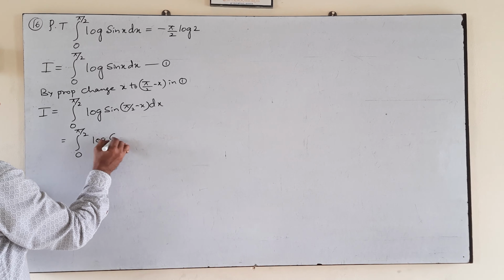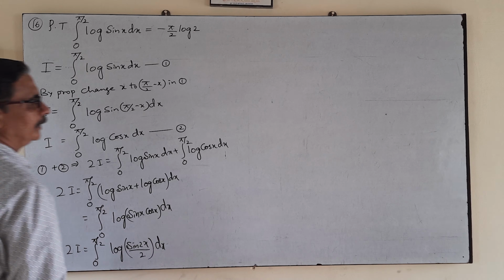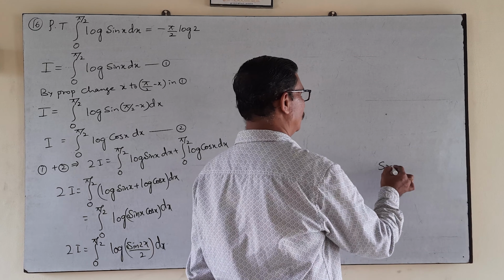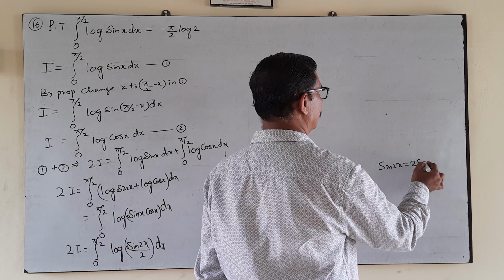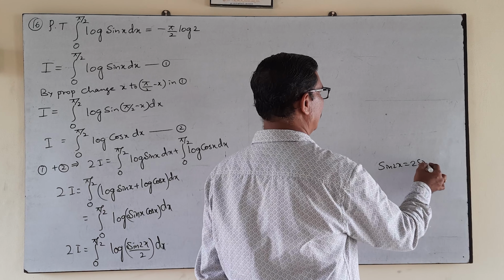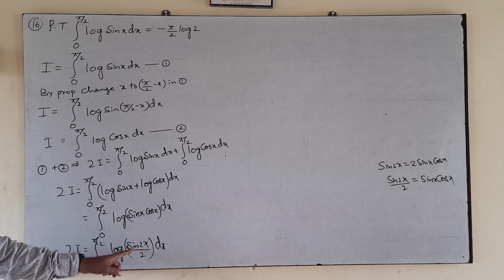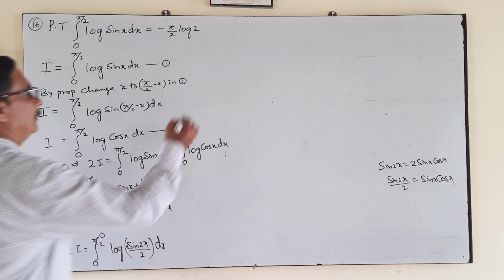Sin 2x divided by 2, because you know that sin 2x is equal to 2 sin x into cos x. Divide both sides by 2: sin 2x divided by 2 is equal to sin x into cos x. So sin x cos x value is log of sin 2x divided by 2.